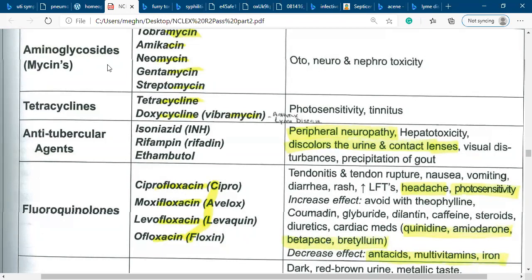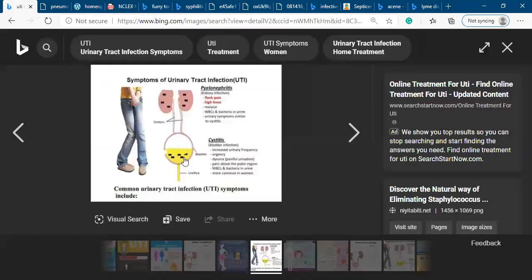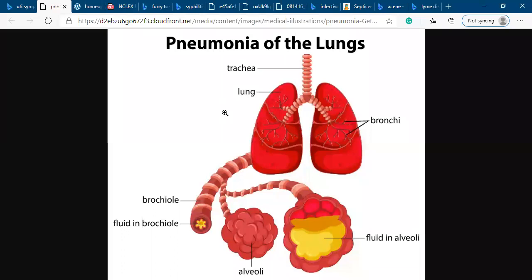Tetracycline is a drug of choice in case of urinary tract infection, like pyelonephritis or cystitis or any kind of urinary tract infection. In case of pneumonia, we can also treat it with tetracycline.